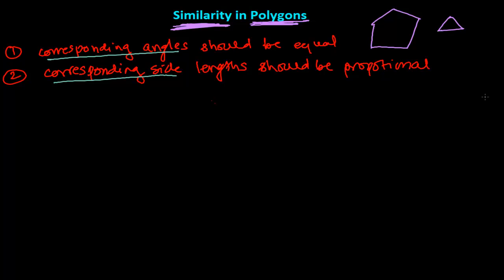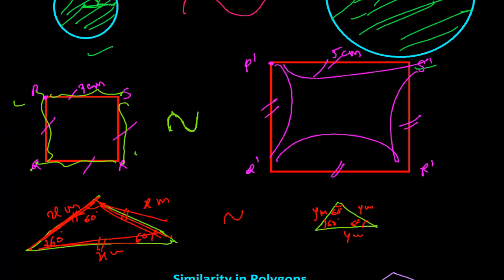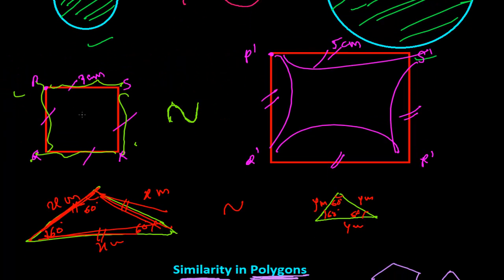What are corresponding angles and corresponding sides? In the previous video, when I was talking about two squares, we had a square PQRS and another square P dash, Q dash, R dash and S dash. If you compare both squares, as if you put this square inside this one, it will be like this.